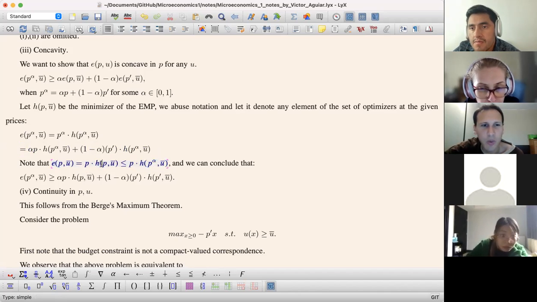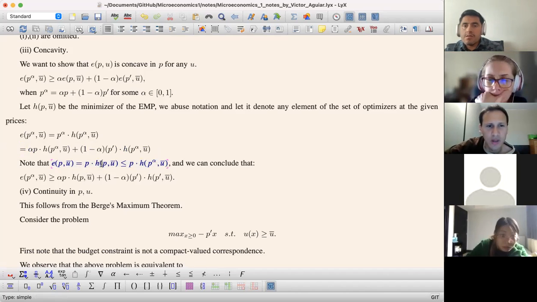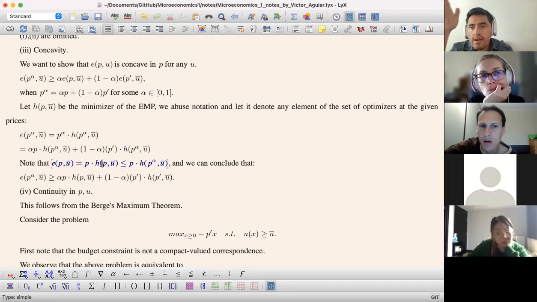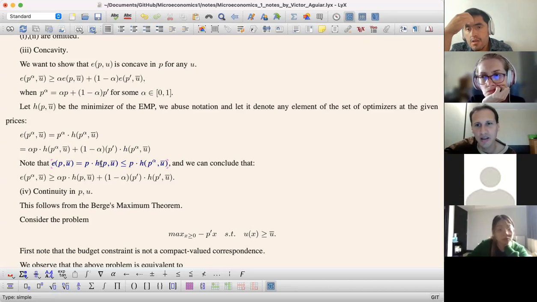I don't get why the inequality is not a strict inequality. Because it can happen. Remember that alpha goes between 0 and 1, so we're allowing the case where P alpha can actually be equal to P, for instance. If we exclude that case, it is strictly unequal, I think it might be for some cases, but I don't think in general we can be sure of that, because there can be very weird utilities.